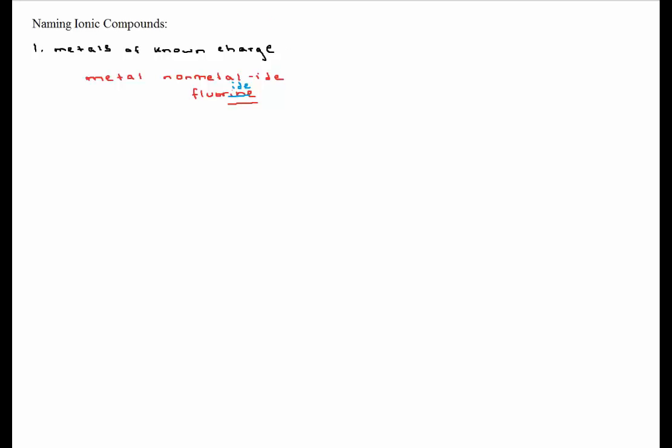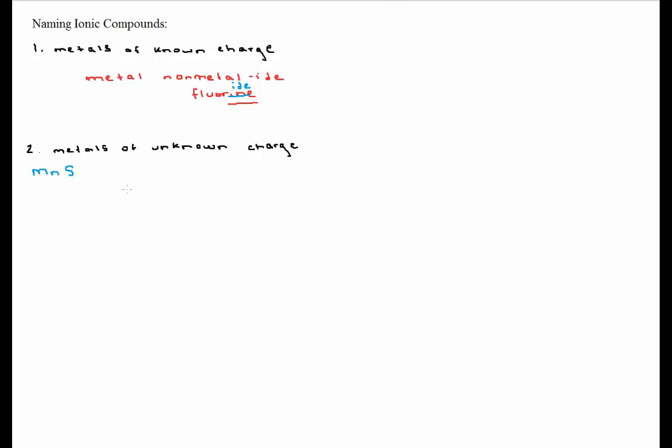Now, the second type of ionic compounds has metals of unknown charge. For example, look at the example problem that I gave you, MnS. Manganese is a transition metal.